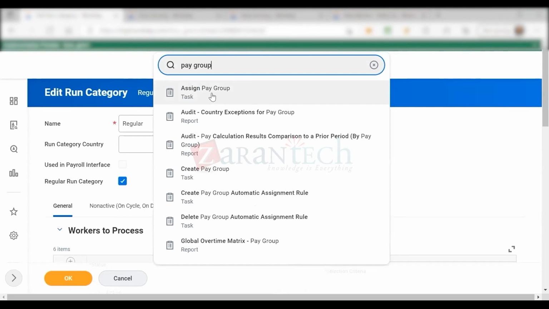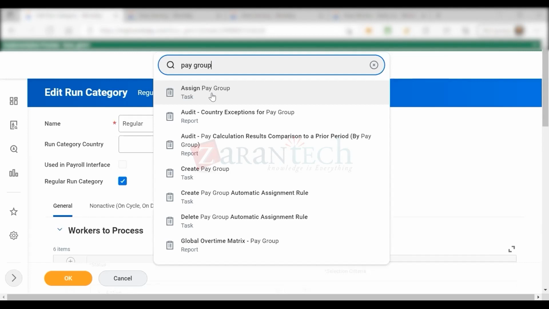Now this business process can be a standalone business process, or it can be a sub process to other business processes such as hire, such as change job. Because when we are hiring an employee, we want HR who is performing the hire to put the employee into a pay group. When they are doing a transfer, promotion or demotion, if because of any of these transactions their pay group is going to change, then we want them to assign them into the correct pay group.